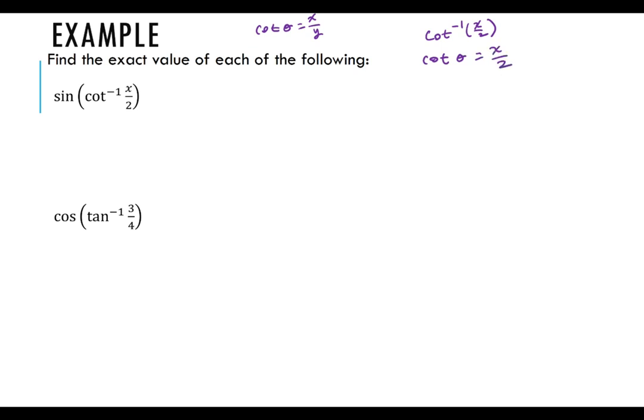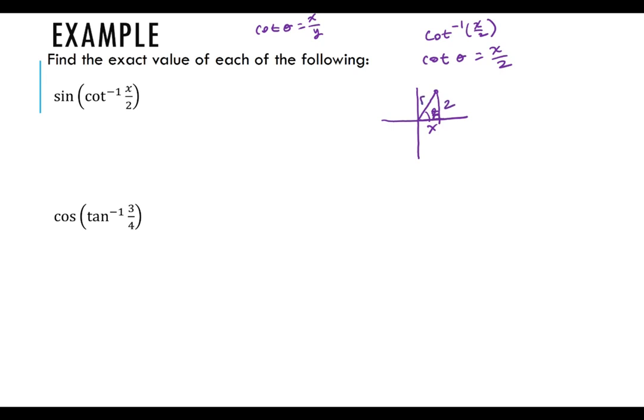So then we want to superimpose this on our unit circle so that we can actually think about what's happening. Alright, so let's do that. Here we are. Let's pretend that I have some theta measurement. Specifically, if I'm using x over 2, then I get this right triangle where my x value is x, because I'm thinking x over y, and my y value is 2.